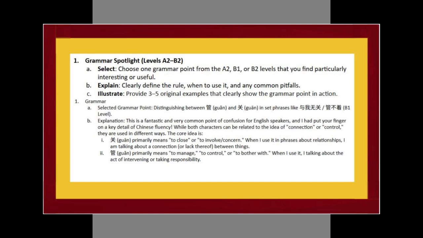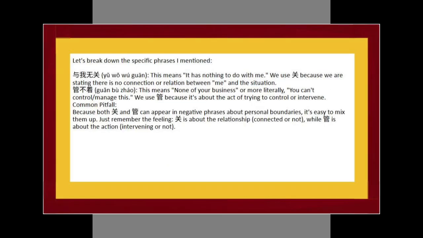When I use it in phrases about relationships, I am talking about a connection, or lack thereof, between things. 管 primarily means to manage, to control, or to bother with. When I use it, I'm talking about the act of intervening or taking responsibility.